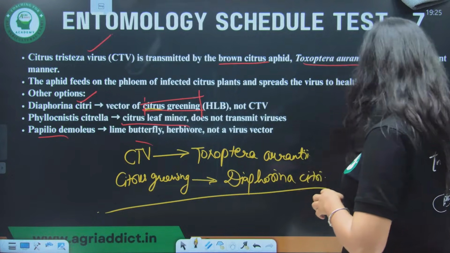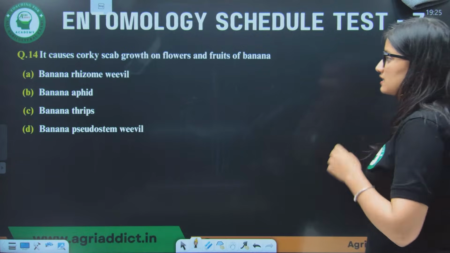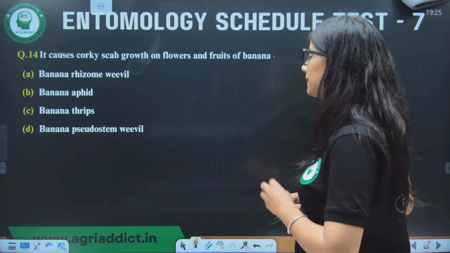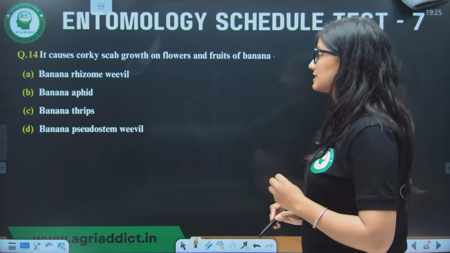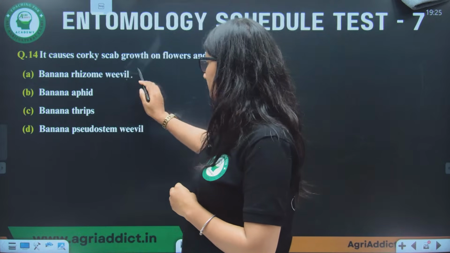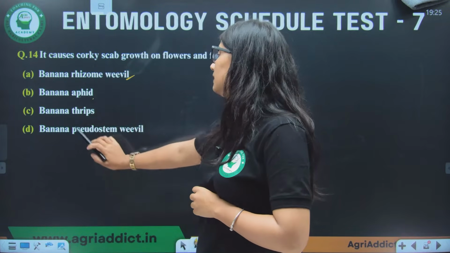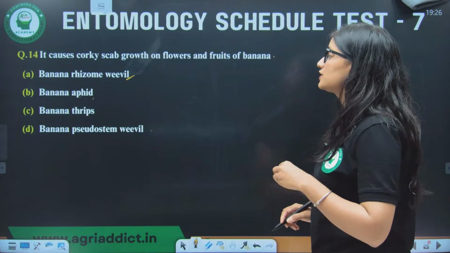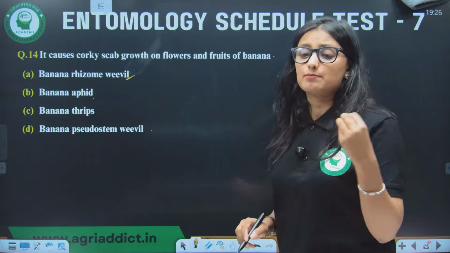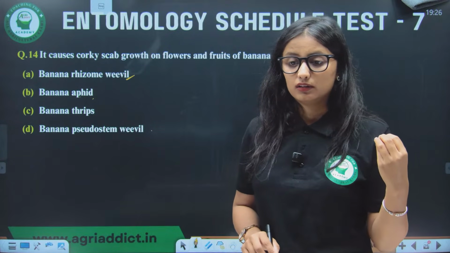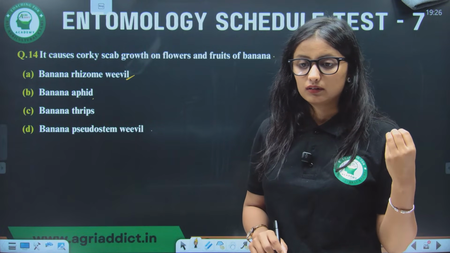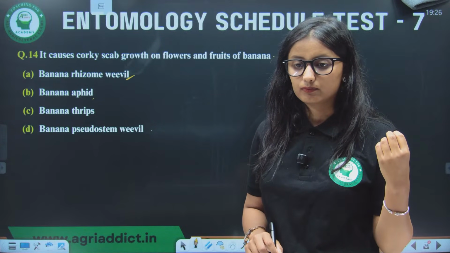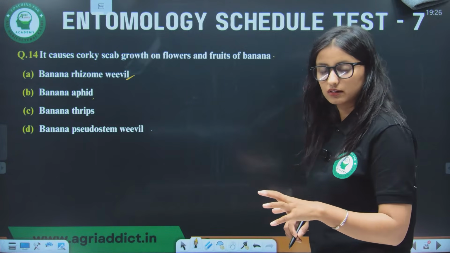Okay. So let's move to the next one. It causes corky scab growth on flowers and fruit of banana. What is it? Is it banana rhizome weevil, banana aphid, banana thrips, or banana pseudostem weevil? Which causes corky scab growth? Okay, so it is clear.